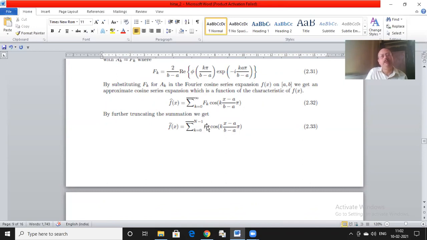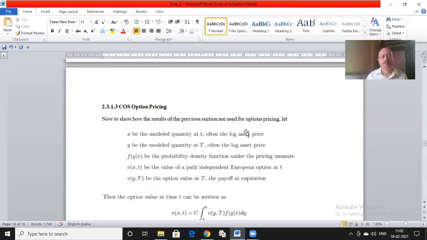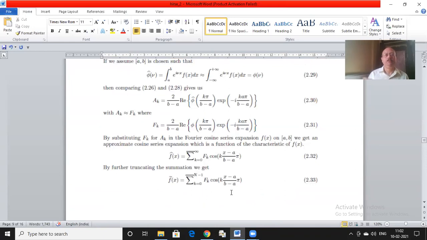One truncation was in the integral, instead of the whole real line, using some finite range A to B. And the second approximation was through the truncation of the infinite sum, truncating it at some suitably large number, capital N minus 1. Okay, so this is the strategy. This is the approximate representation of the characteristic function as well as the density function. So in effect, these are my numerical estimates for the true characteristic function and true density functions.